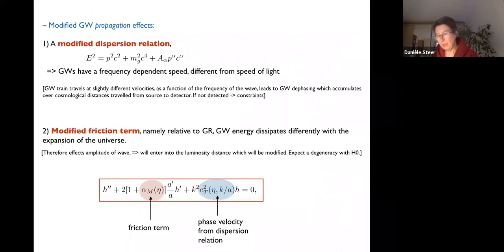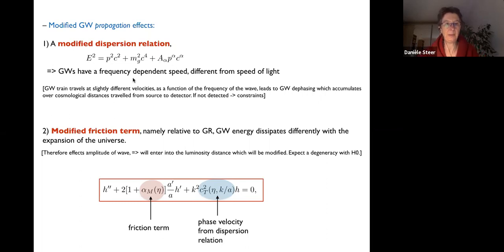So in all of those different models, in fact, I don't want to talk about any specific model. The only thing I want to assume is that my modified gravity theory changes the standard dispersion relation for a massless particle. The standard dispersion relation would be E squared equals p squared c squared. So I'm going to allow for a mass and possibly higher order terms in the dispersion relation.